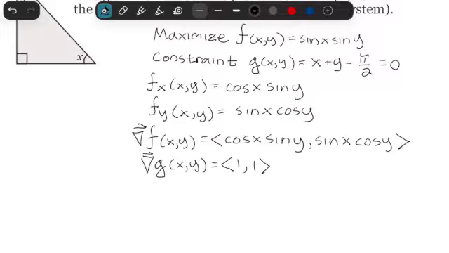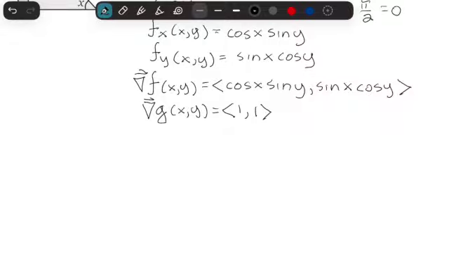Alright, so now we can apply this to our Lagrange equation. So gradient of f equals lambda times gradient of g(x,y).